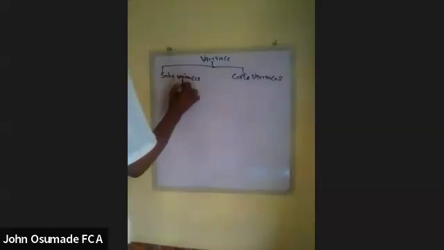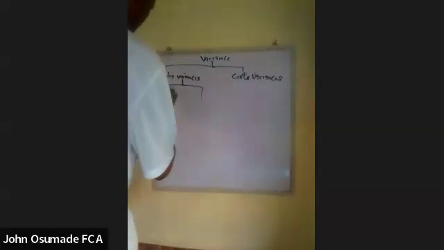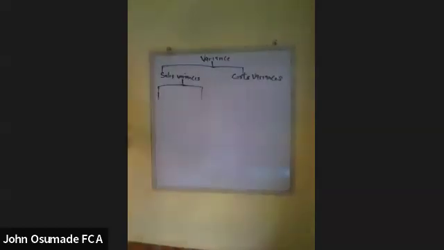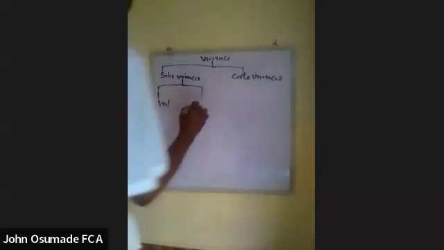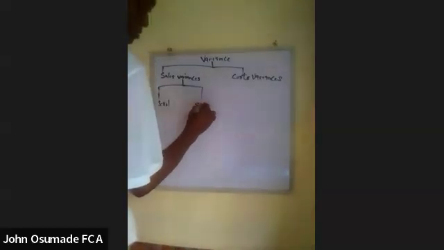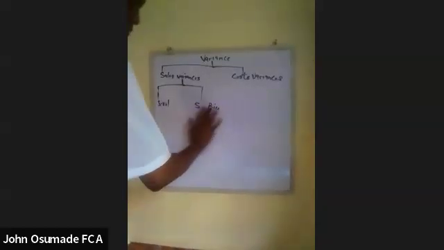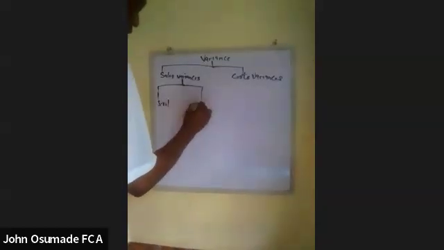So our sales variance is also divided into two. That is sales volume and sales price, or price variance.